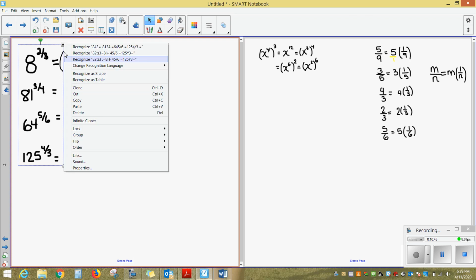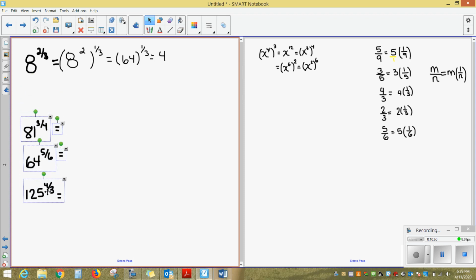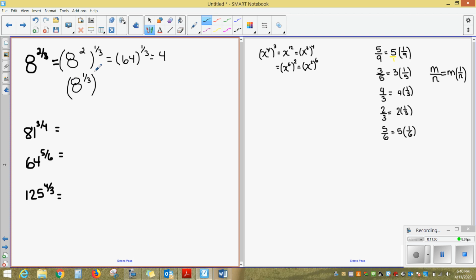Let's see if I can ungroup this guy now. Now, we said earlier it doesn't matter what number's on the inside and what number's on the outside, as long as the product still multiplies together to be 2/3.